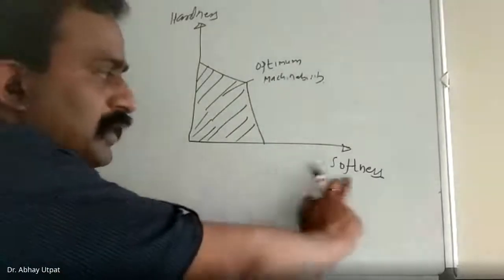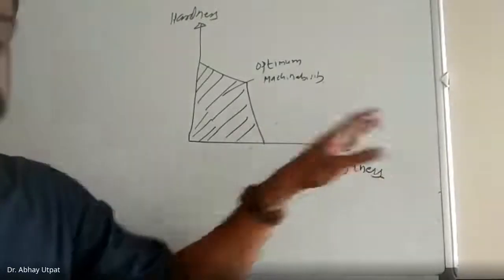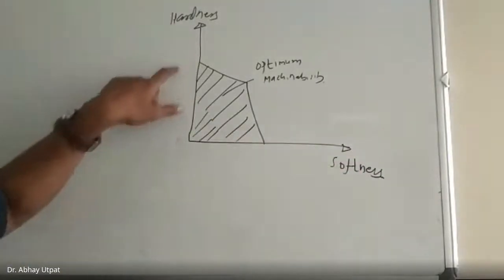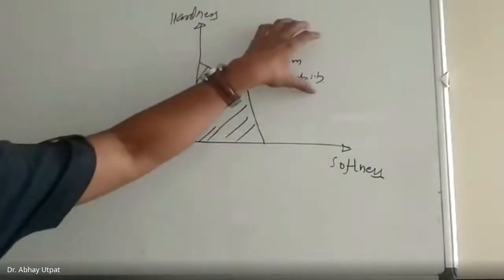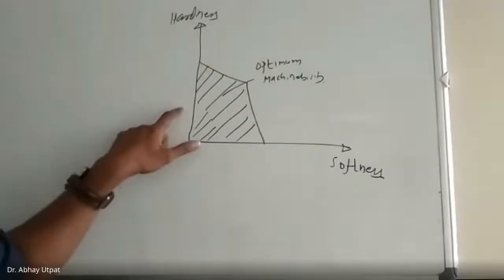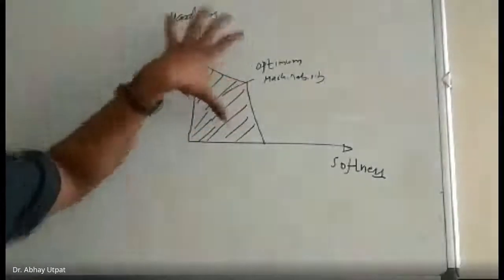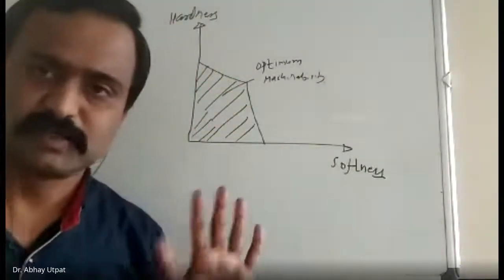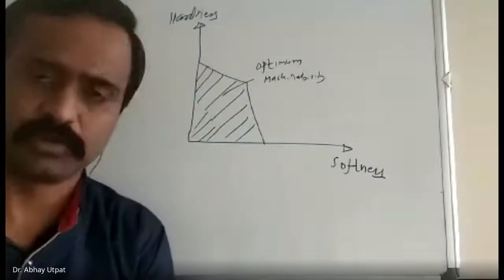As you move here, softness increases, machinability decreases. Same case, if you are at the lower side, hardness is less, means you are in the optimum machinability region. If you move along this side, hardness is more, means you are outside the zone of optimum machinability. This is a basic figure represented maybe in interviews or orals.